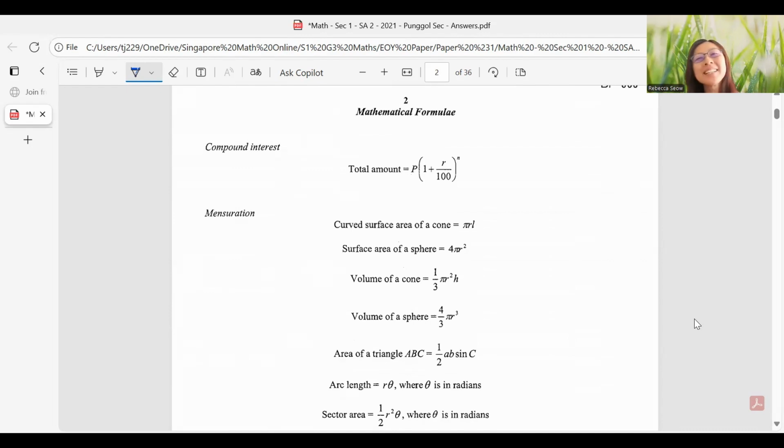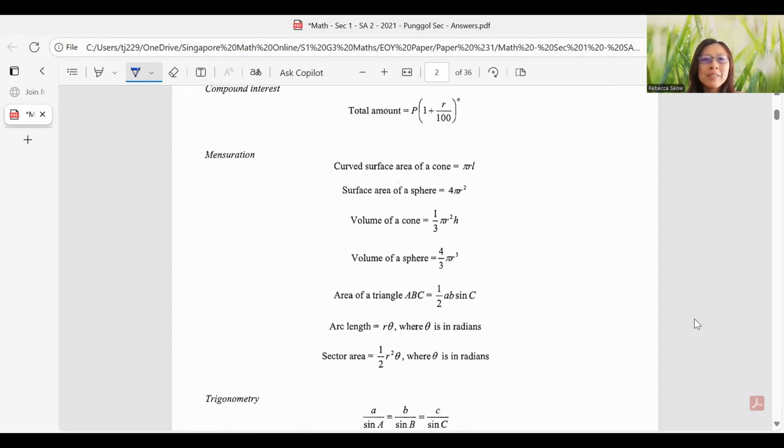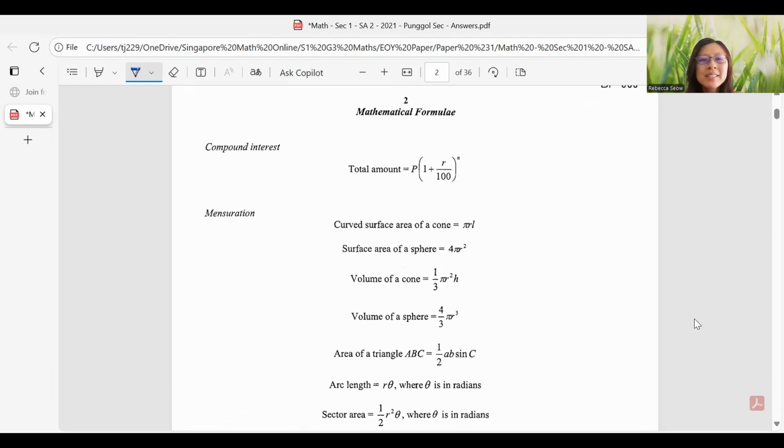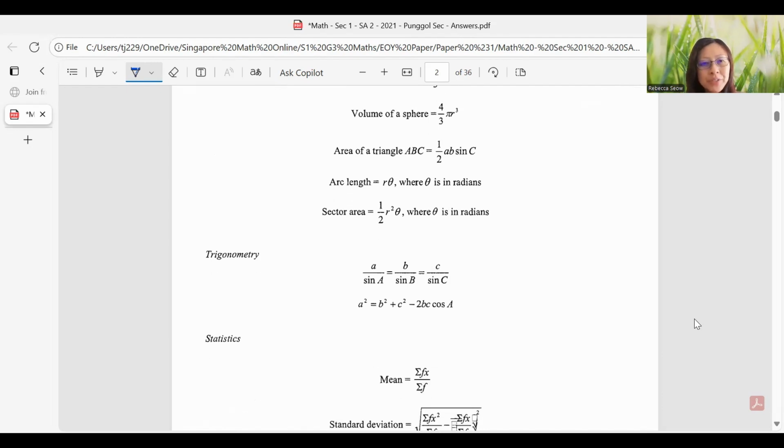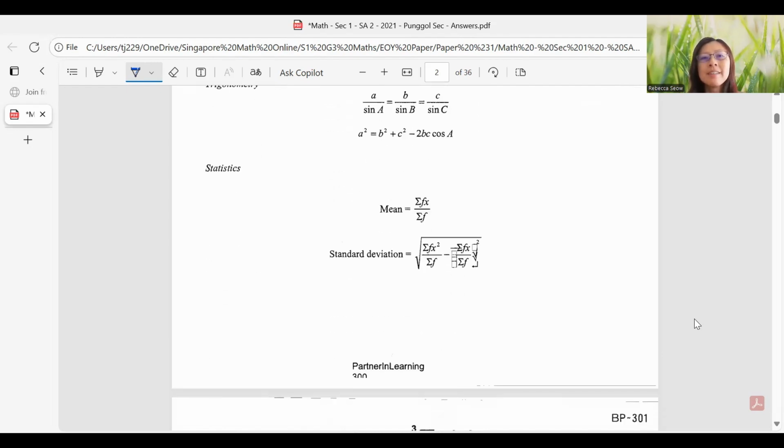So you might find that there are certain symbols here that are maybe unfamiliar to you, and you might wonder what they are. It's okay. In time, you will get to learn it and you will get to understand what each of these formulae actually stands for. Okay, so we have that of compound interest. For mensuration, there is quite a number. There's trigonometry, there's statistics, right?